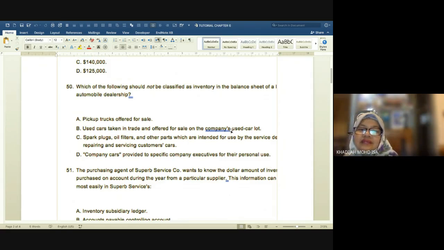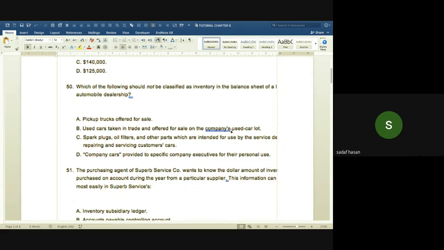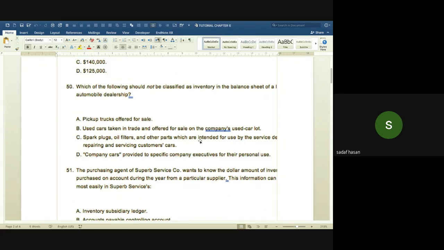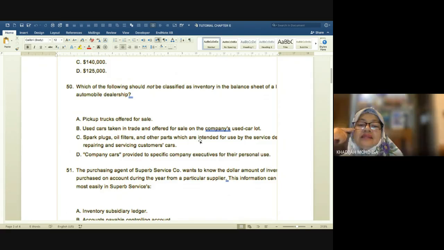Yes, because normally automobile dealerships not only sell new vehicles but also take up used cars. Spark plugs, oil filters and other parts intended for servicing customers' cars? Yes, this is also inventory, part of their supplies.